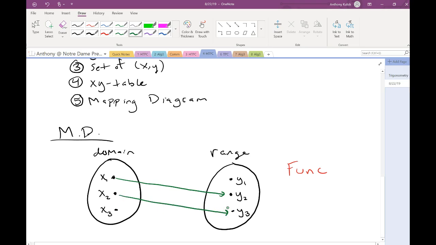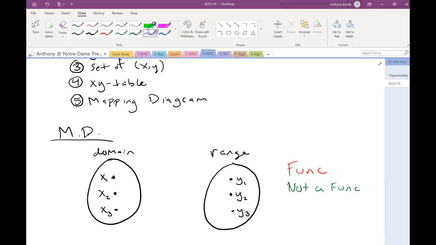Is this a function? It is not. So if somebody that said no, why is this a problem? Good, not all the x's have been used, right? So we haven't used everything from the domain. So that's not a function.